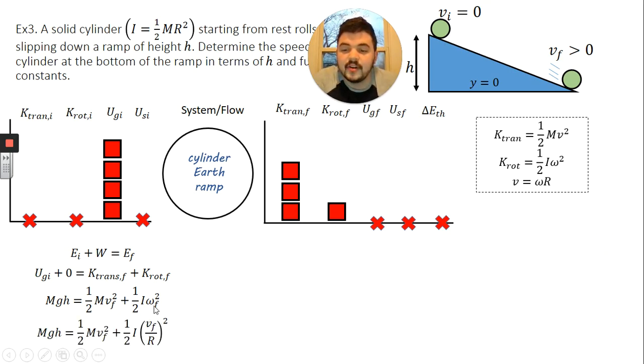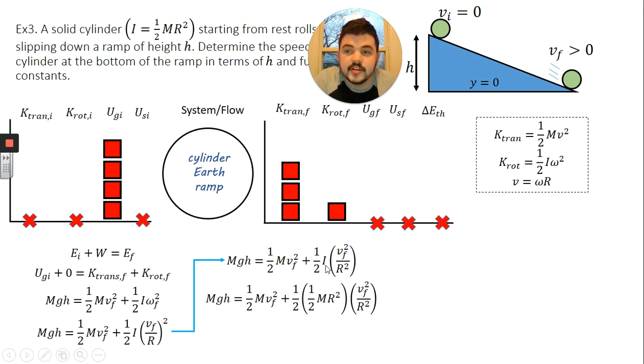We first use our relationship between linear and angular speed to replace omega with v divided by r. We're making this choice because we eventually want to solve for the speed of the cylinder. That's our end goal. Moving on, distribute that square inside of those parentheses. Each term in here becomes squared. Next step.